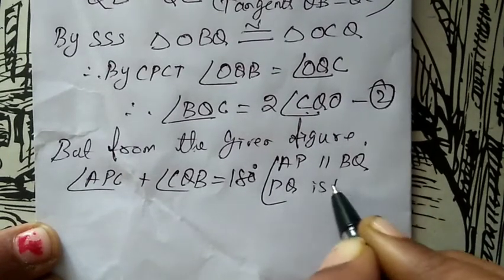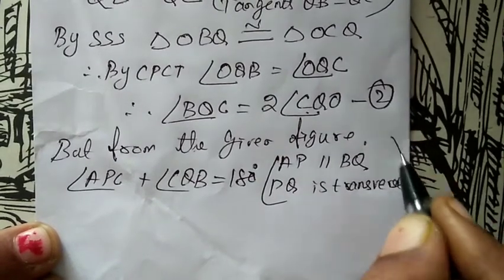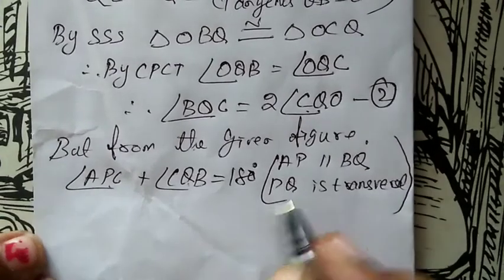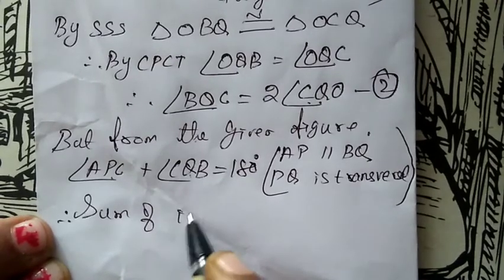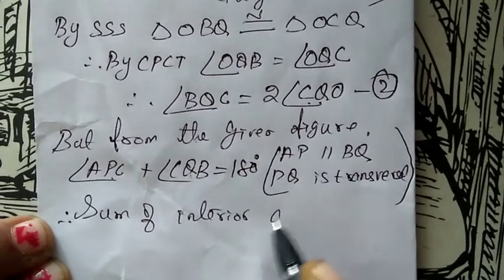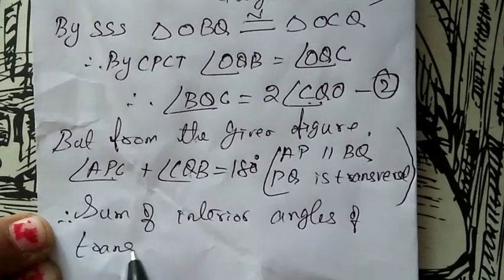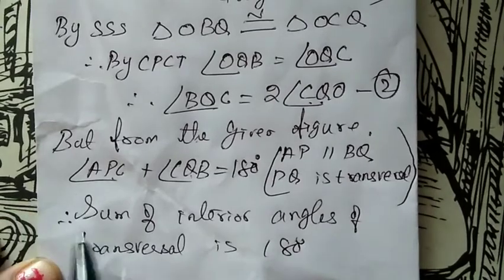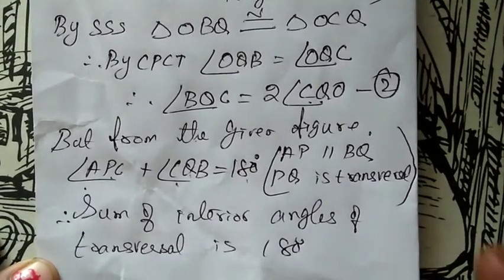PQ will be a transversal. So the sum of interior angles on the transversal is 180 degree. That is why we got angle APC plus angle CQB is 180 degree.